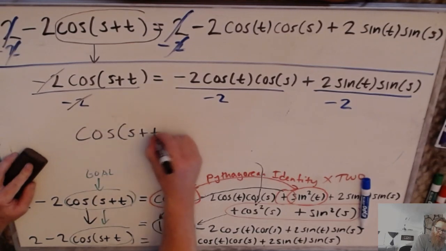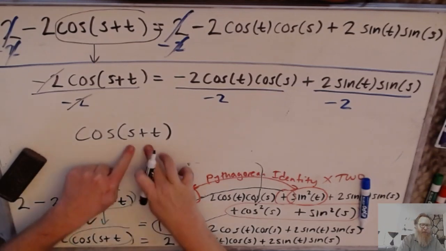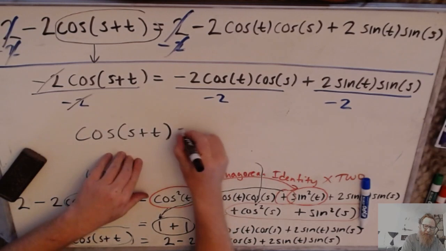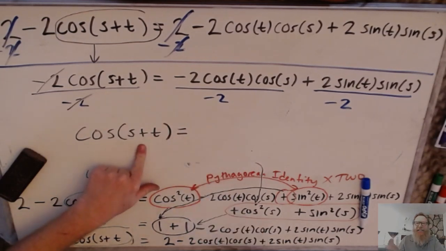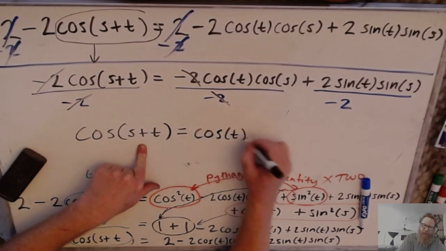Remember, my original question was, what is cosine s plus t? I'm trying to figure out, how do you add 2 angles when you're taking the cosine? How do you find the cosine of the addition of 2 angles? And this is it. This is how you do it.